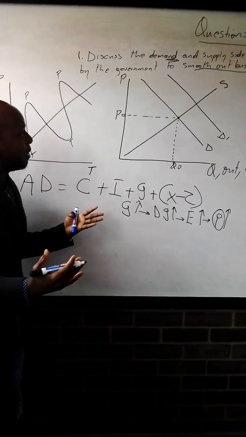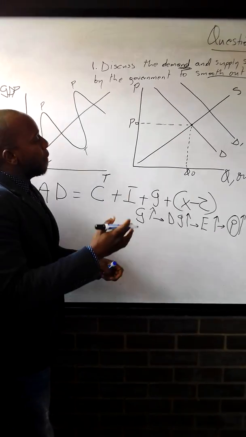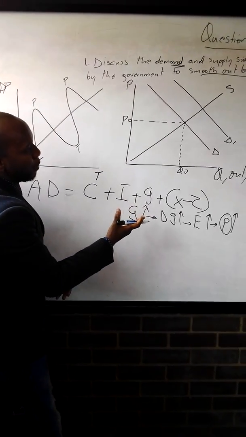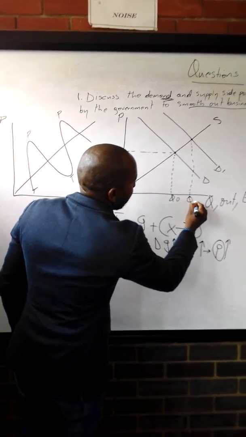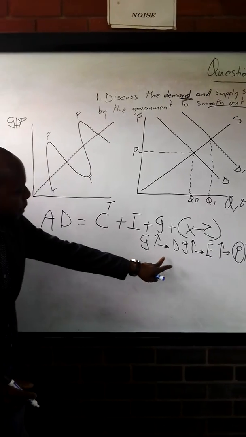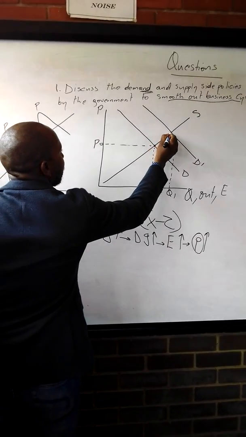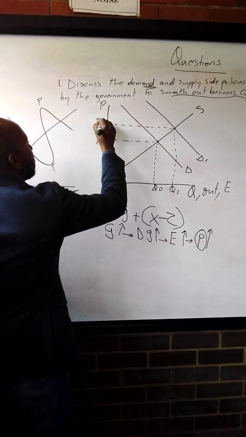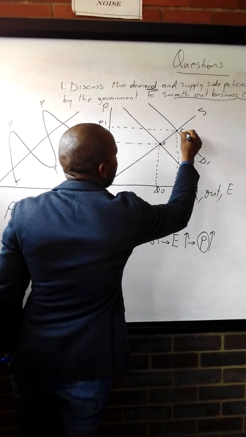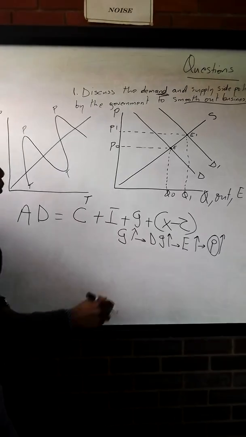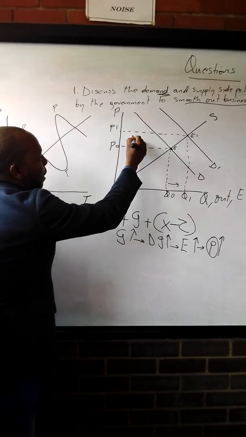We can clearly see in the demand and supply graph that when there is an increase in government spending, there is an increase in the quantity demanded of goods. And as the chain of events tells us that there is an increase in prices, we can see the prices going up from P to P1. And we see a new equilibrium point, which is E1. Therefore, we see an increase in employment, in output, and an increase in the prices.